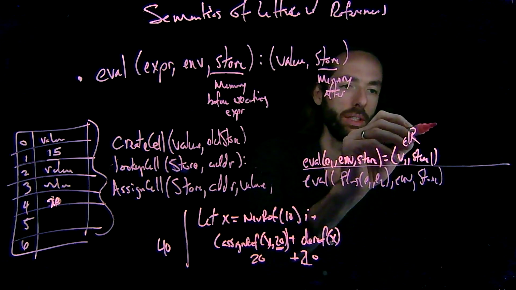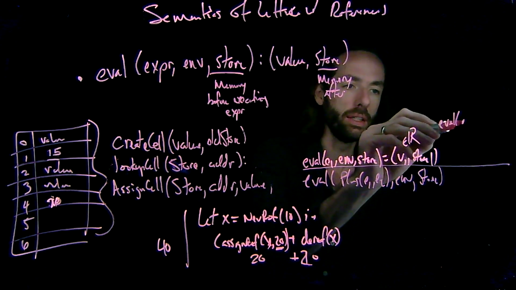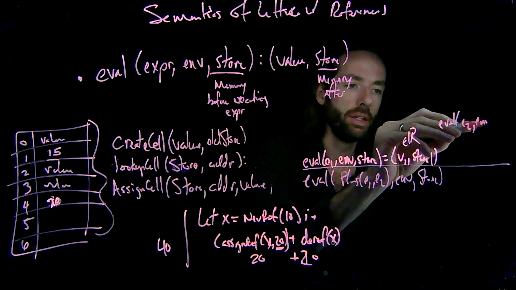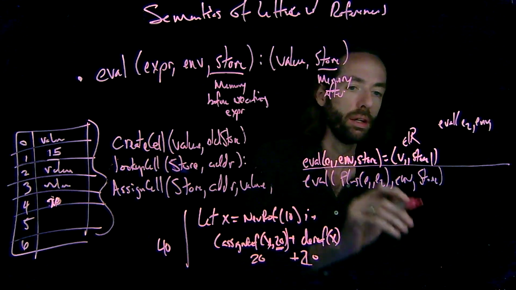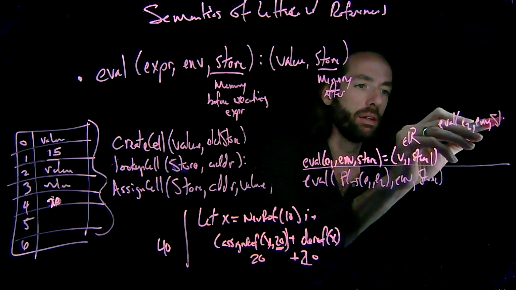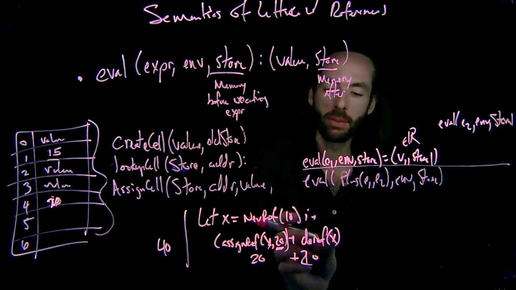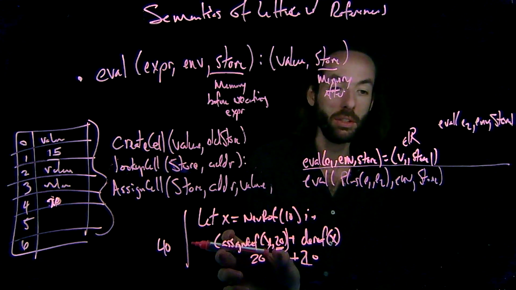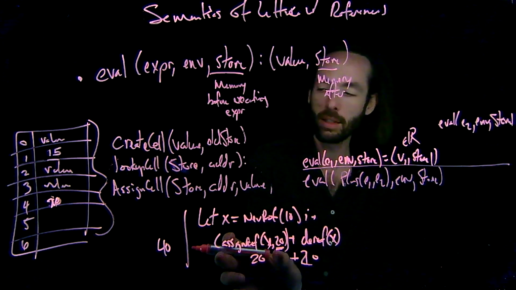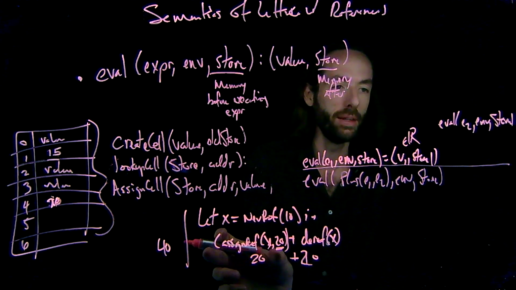Now I also need to eval E2 in the environment, and what should my store be that I evaluated under? Yeah, it should be store 1, exactly for this reason: the store that I evaluated assign ref under returns a new store, store 1, where x has been bound to 20 instead of 10.